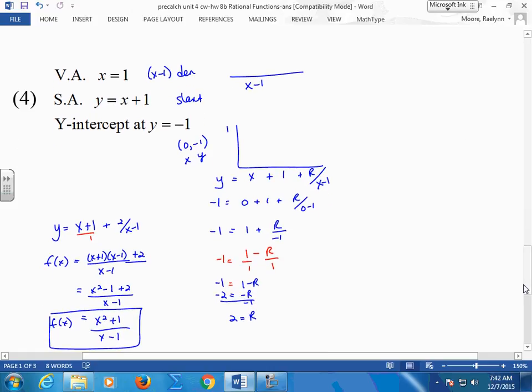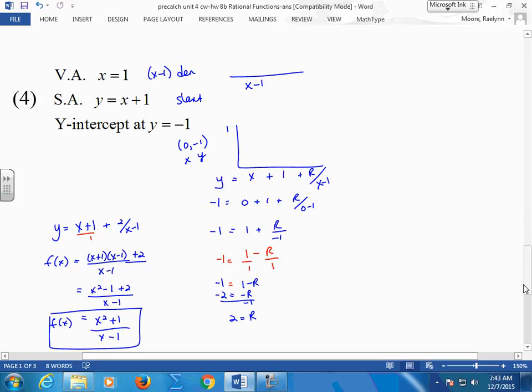Okay, slant asymptote works a little bit differently. Make sure you set your denominator up because that's important. Pull out that 1. That's what your denominator is equal to when we set that equal to 0. Set up what would have been the result of your slant asymptote and find its remainder.